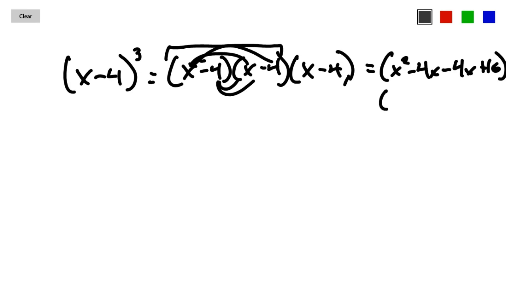And I still have to multiply the last x minus 4 to it. So when I combine like terms in the first group of parentheses, I have an x squared, and the minus 4x and the minus 4x combine together to give me a minus 8x. And the plus 16 stays the same.